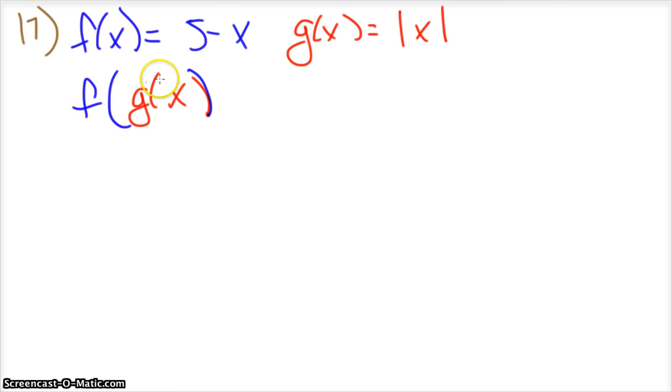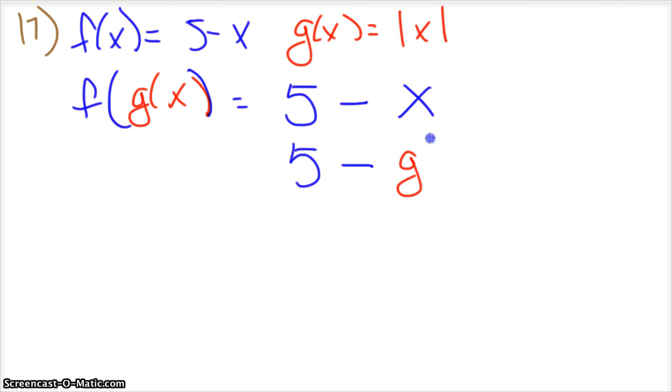Okay, the f of is 5 minus x. Well, I want to replace the x with whatever g of x is. So this is really 5 minus g of x, which is really 5 minus the absolute value of x.